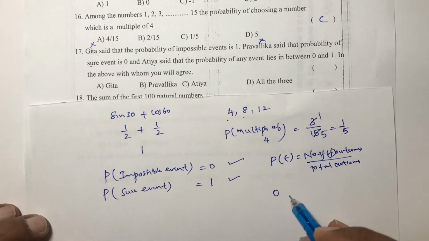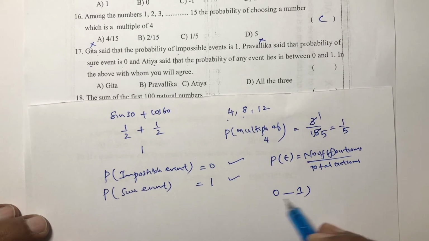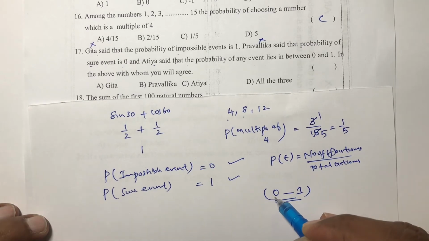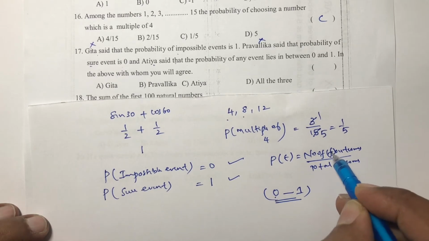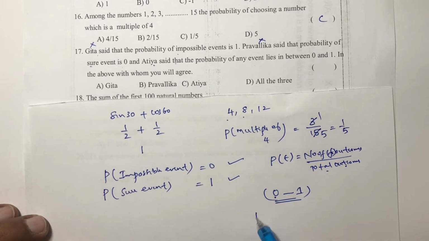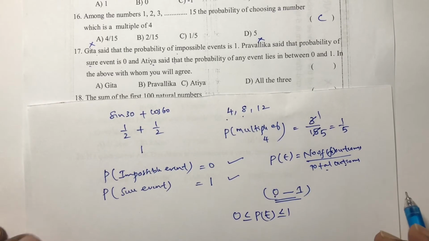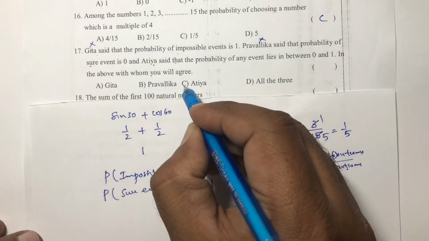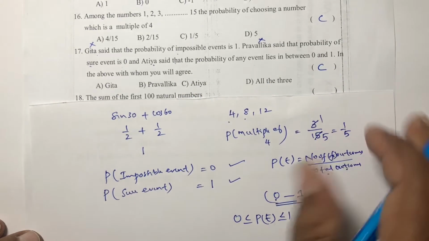So that's why probability will always be from 0 to 1, because favorable outcomes may be 0 or favorable outcomes will be equal to the total number of outcomes. So we write the probability of an event is less than or equal to 1 and greater than or equal to 0. So it always lies between 0 and 1. So Atiya is correct. So the correct option is C.